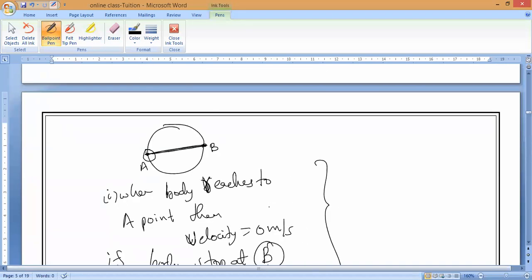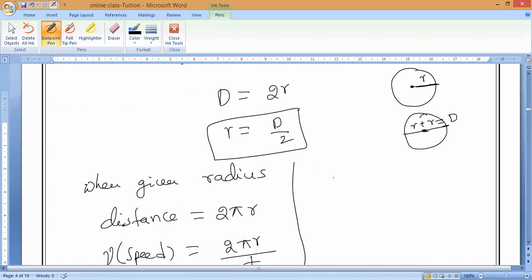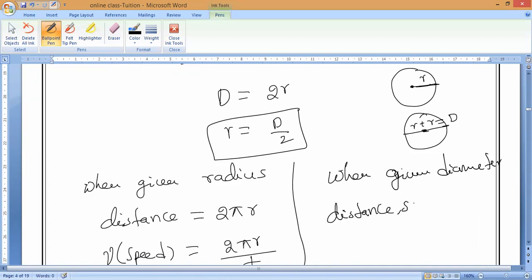Okay. Now suppose when the diameter is given, then the distance traveled by the body, distance S, is equal to pi d.